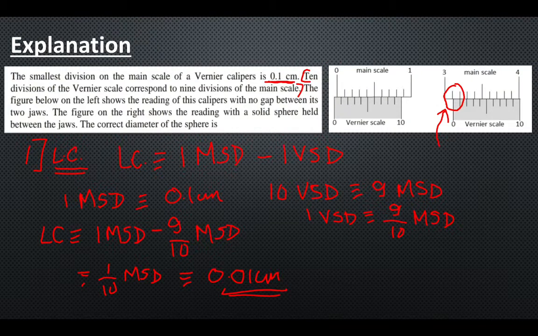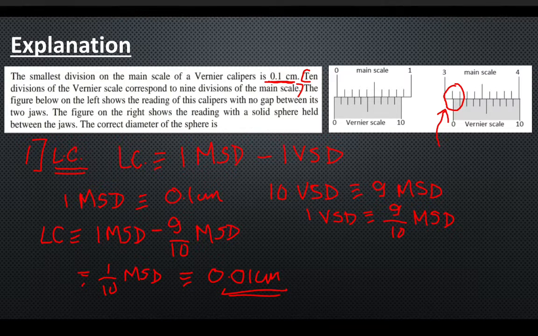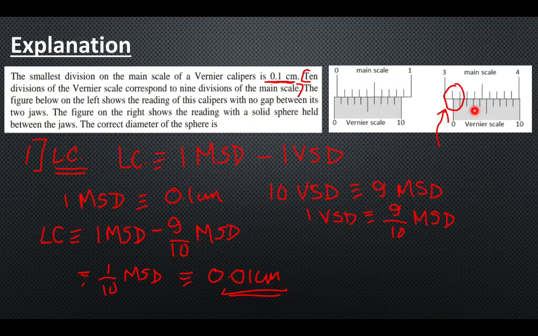So we can find here zero of the vernier scale, 1, 2, 3, 4, 5, 6, 7, 8, 9, 10. So we have to find the reading on the vernier scale that corresponds to the exact main scale reading.